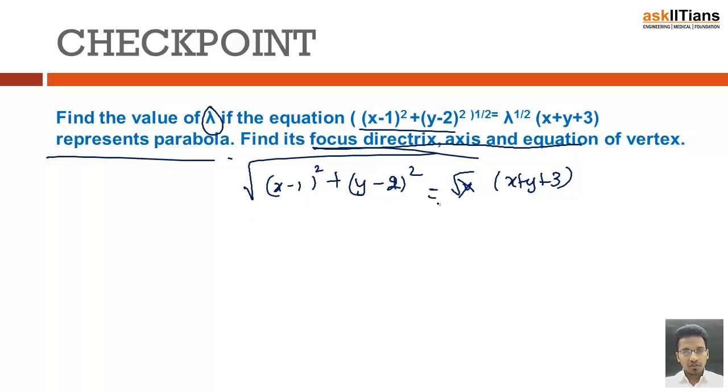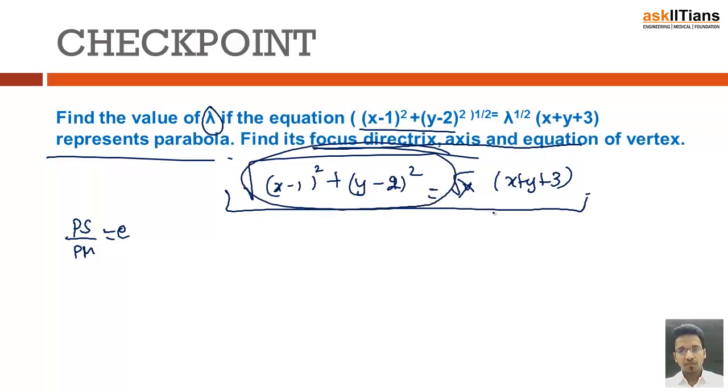And for this, again, if we compare it with PS by PM equal to E, something like this. Okay, so here we are seeing that this is a distance from a point. Here if I consider this as the line, what will be the distance of a point x comma y from here? That will be clearly x plus y plus 3 over root of 2, that is under root of 1 square plus 1 square.